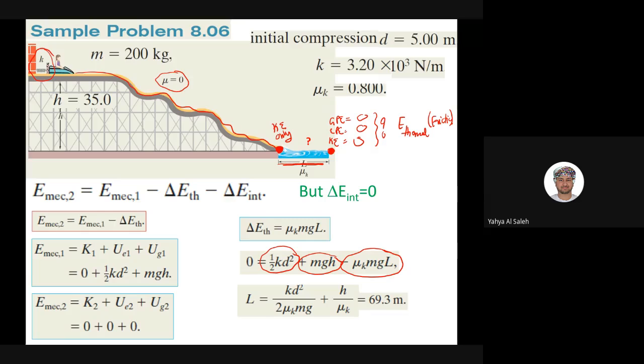Okay. Now, if I do the numbers, half kx squared is how much? Half times 3.2 times 10 to the power 3 times 5 meters squared. So this is about 40,000 joules. MGH is 35 times 200 kilograms.